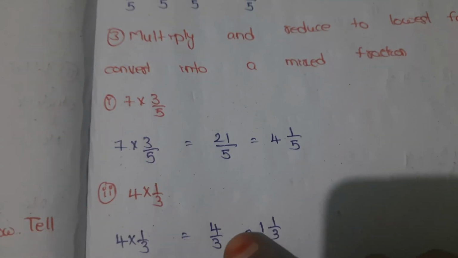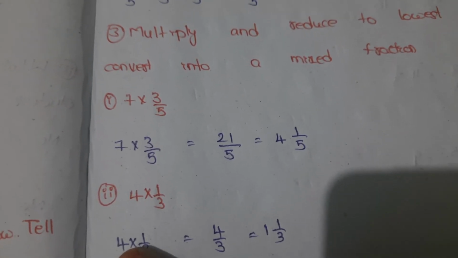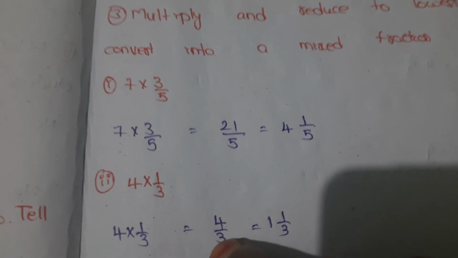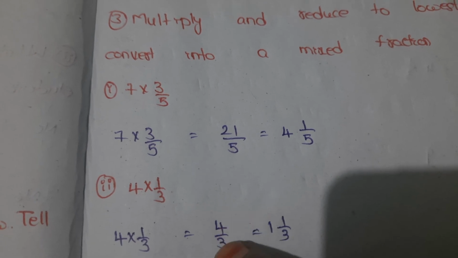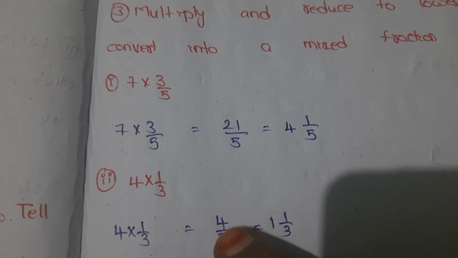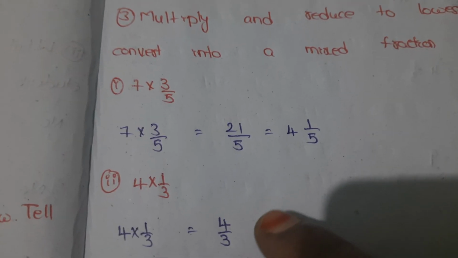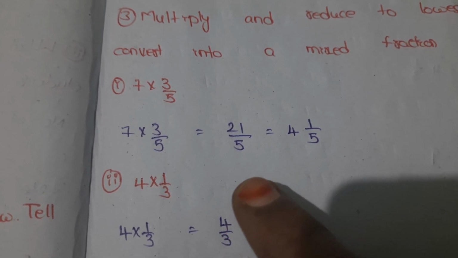In a similar way, one more: 4 into 1 by 3. Here 4 into 1 is 4, so it is 4 by 3. In this one also the numerator is larger than the denominator, that is 4 is greater than 3. Therefore we can convert it into a mixed fraction. 3 ones are 3 and we get the remainder as 1.